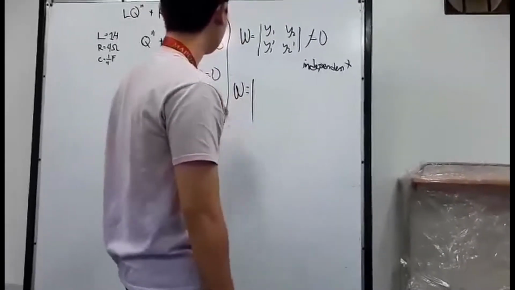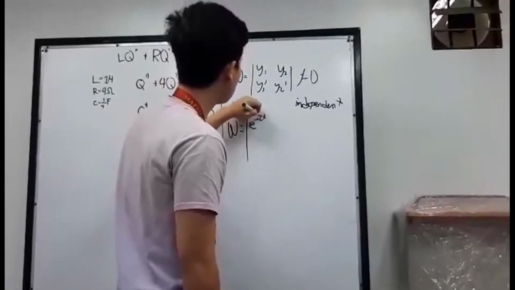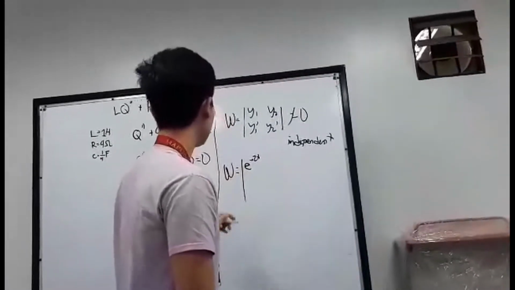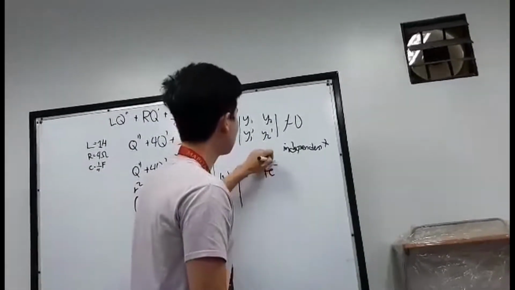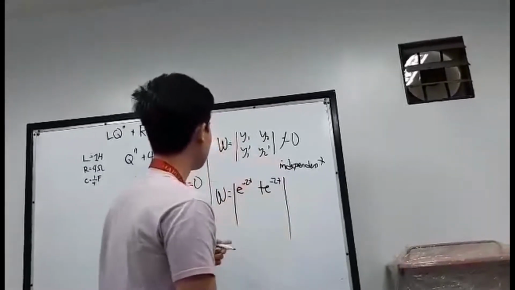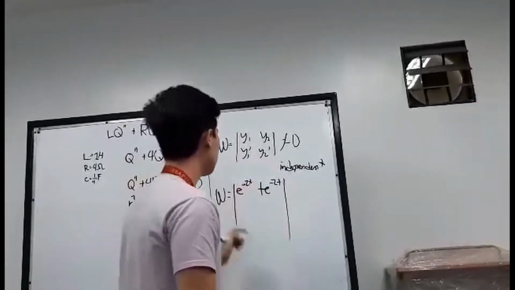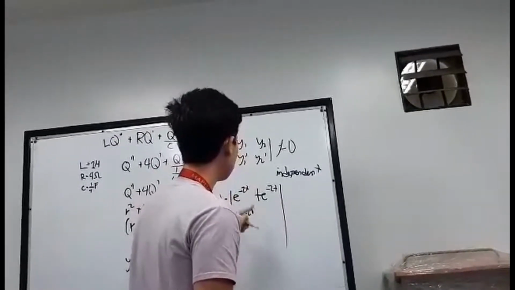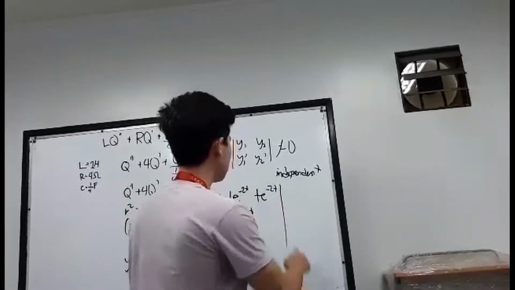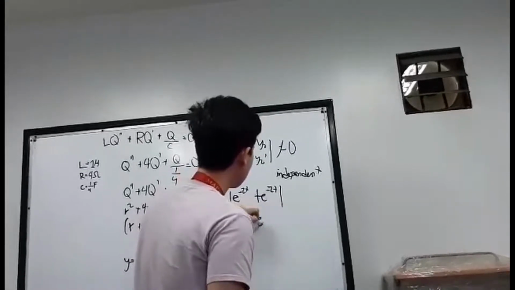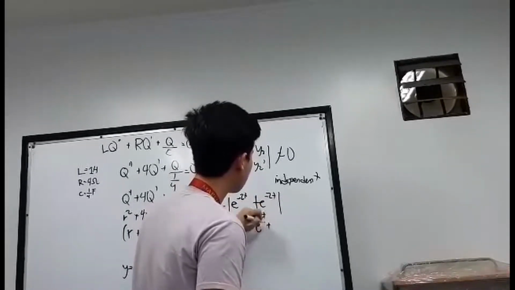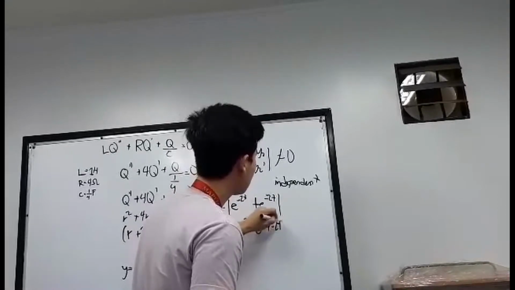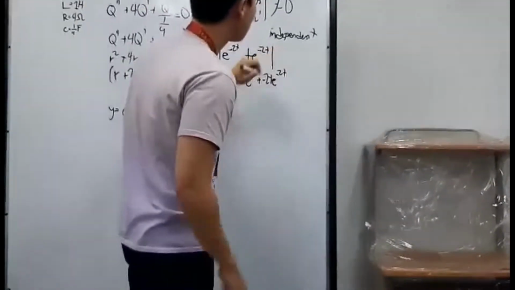Our y1 is e raised to negative 2t, and our y2 is t e raised to negative 2t. The derivative of e raised to negative 2t is negative 2 e raised to negative 2t, and the derivative of t e raised to negative 2t is e raised to negative 2t plus negative 2t e raised to negative 2t.